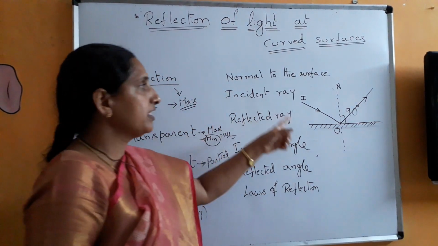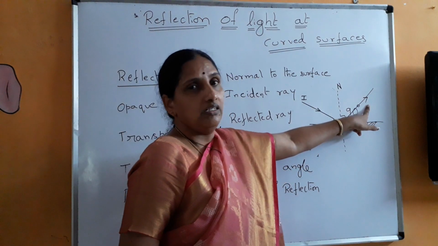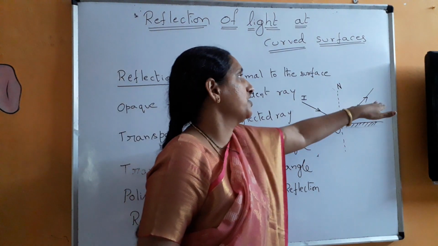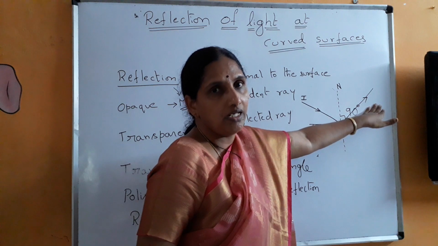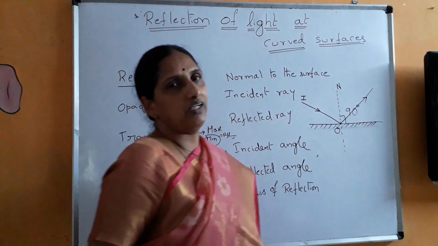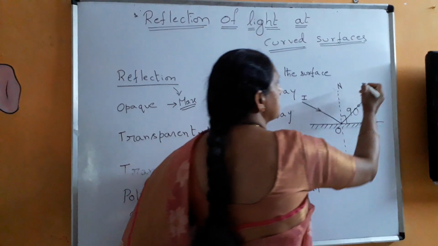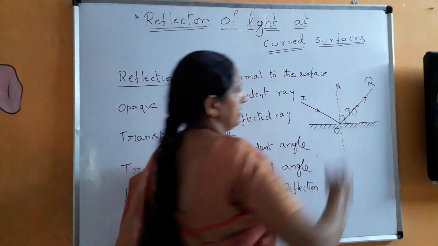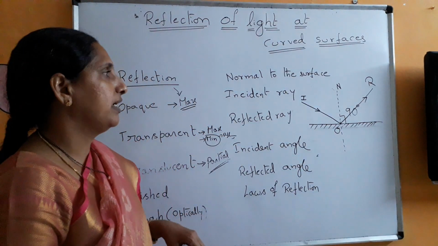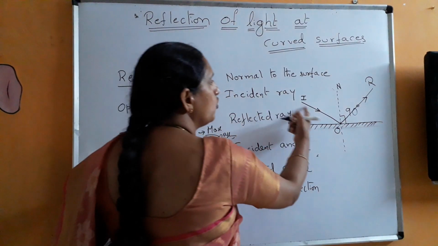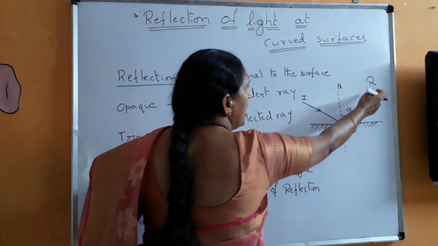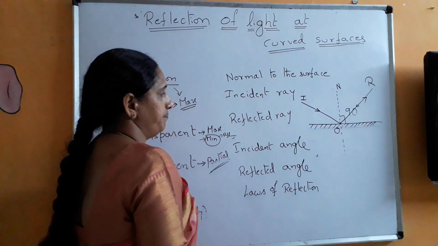The reflected ray is the ray which comes back after reflection into the same plane. Let me name it as capital R. So my IO is the incident ray, OR is the reflected ray.